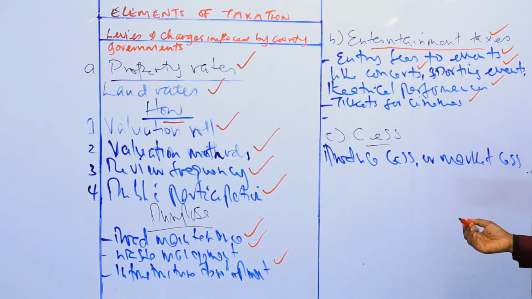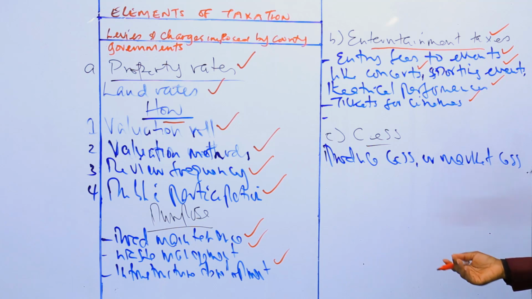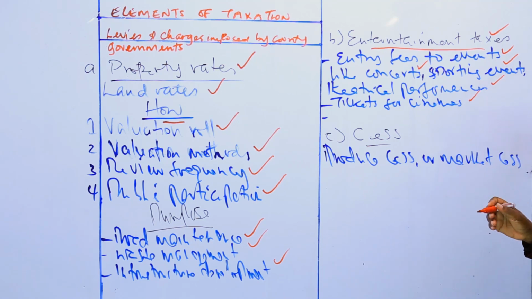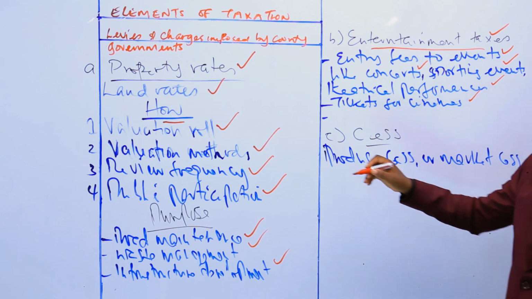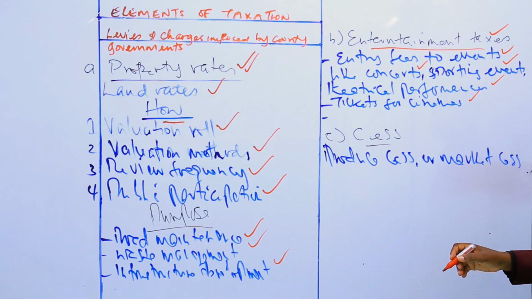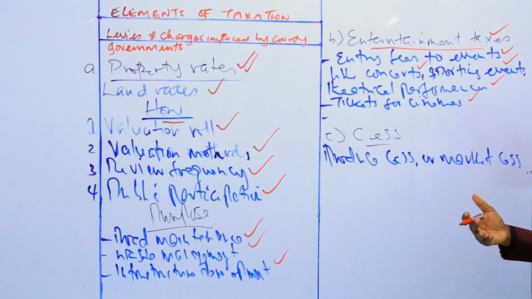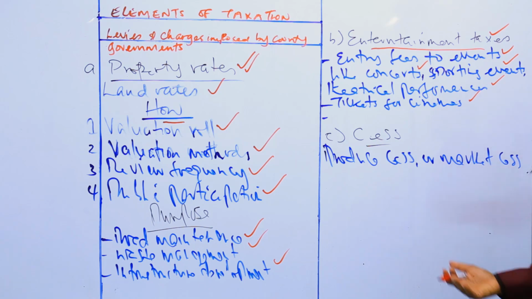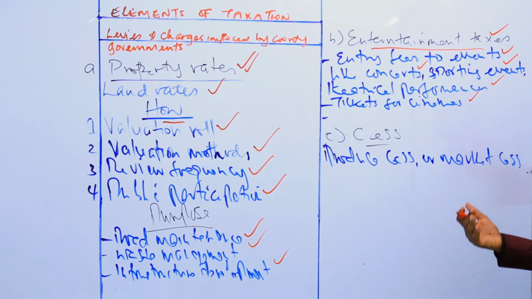And we stated that entertainment taxes is one of the few specific tax categories, along with property rates, which are imposed directly by county governments without requiring further authorization by an act of parliament. And revenue generated from entertainment taxes contributes to the county's own source revenue.